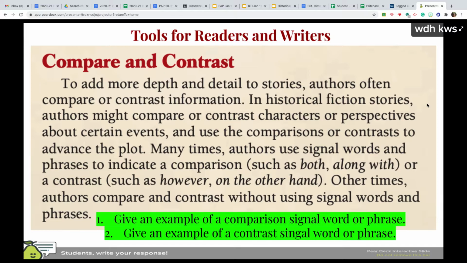Okay, in the box, type the number 1. Beside number 1, give an example of a comparison signal word or phrase.